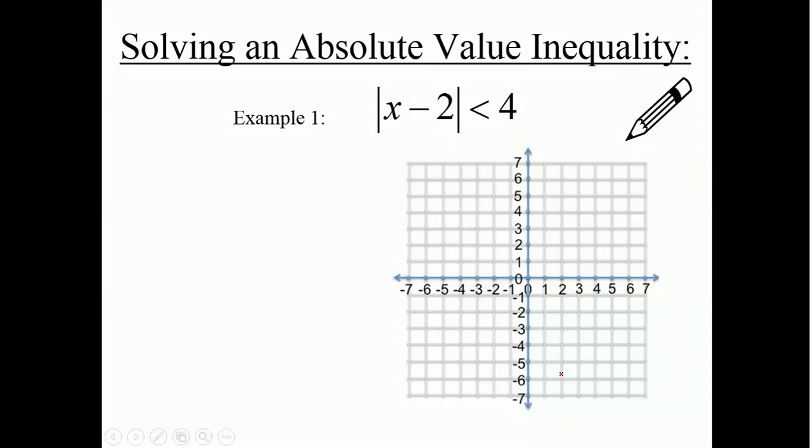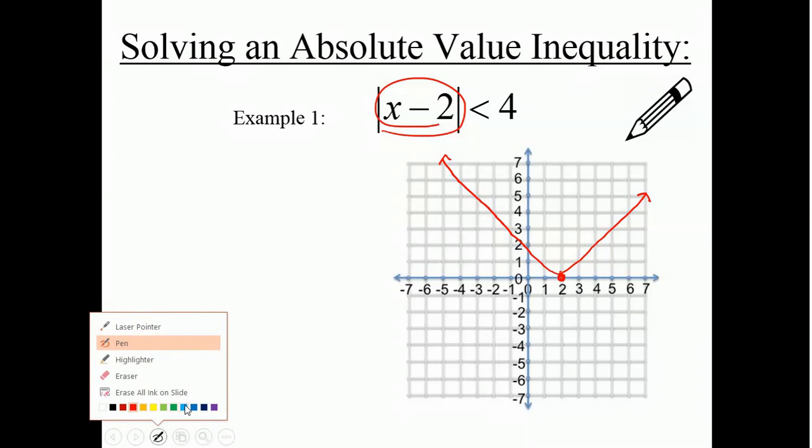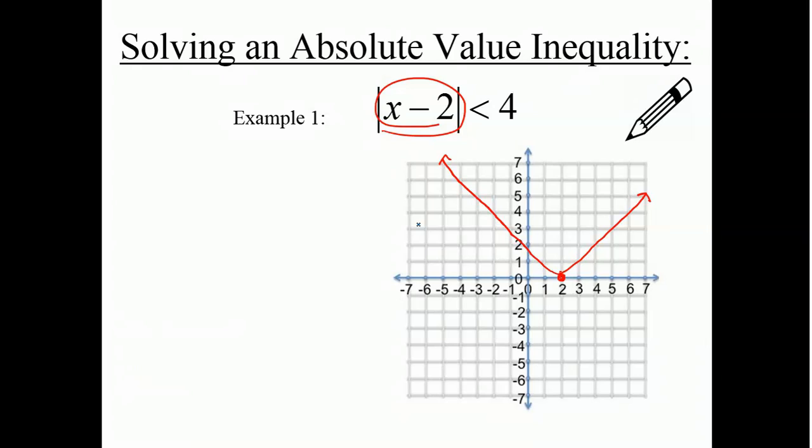So it looks like I need to graph. Let's graph this absolute value, x minus 2. So that is basically move to the right and then up 1 over 1 for both my arms, right? So if I graph this very quickly, there we go. Now, same thing kind of as what we did the first time. Where is it equal to 4?